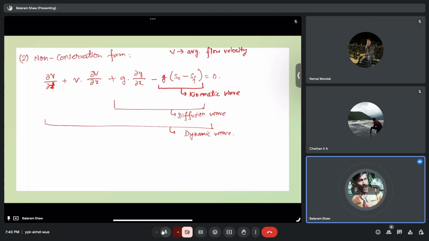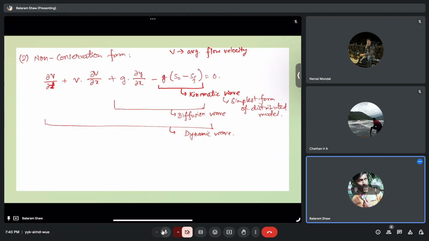Okay, so this kinematic wave term is the simplest form of the distributed model. Because you can write that as g into S naught minus SF, that is, S naught equals SF, that is, bed slope equals the friction slope. Whereas in diffusion wave, you consider both the friction term and the pressure term, right? And the dynamic wave considers the full hydrodynamic model.